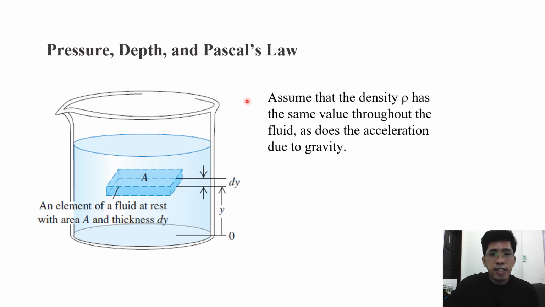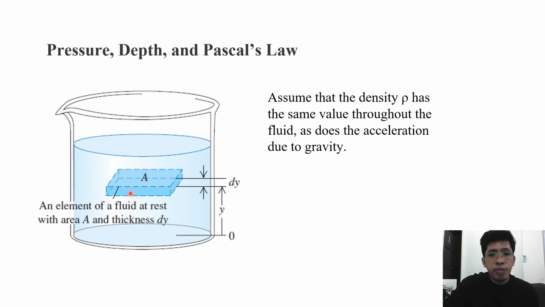Now consider this glass here. It has some fluid element, an element of fluid at rest with an area A and thickness dy. Let us assume that the density rho has the same value throughout the fluid, as does the acceleration due to gravity. So anywhere in this container, the density doesn't change, and neither does the acceleration due to gravity.